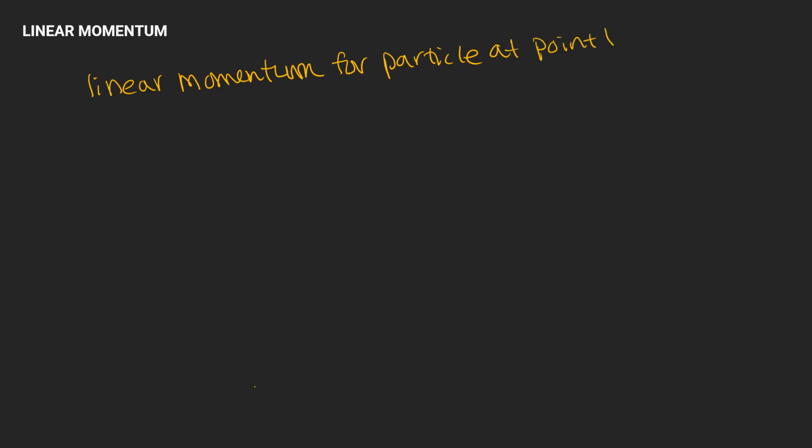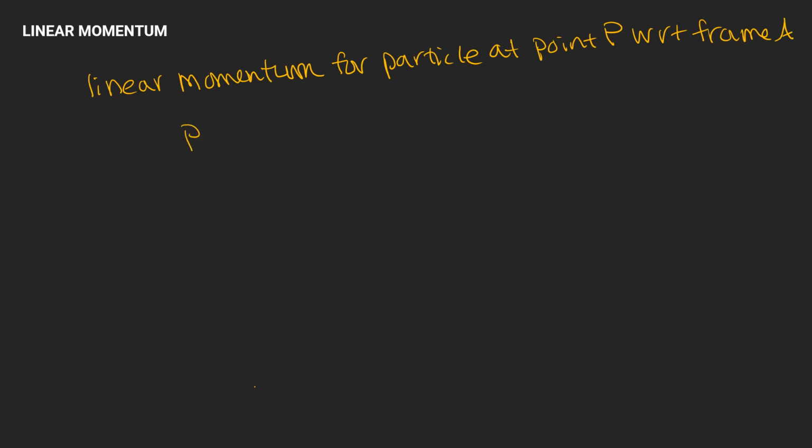Let's first define linear momentum for a particle. So the linear momentum for a particle at point P with respect to frame A. Well, first of all, it's written using the following notation.